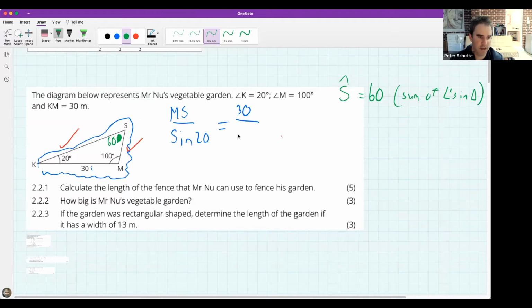Okay, so I then think this will be the sine of 60. So how do we get this MS by itself? That's what we're going for. What is MS going to be? Who would like to tell me their answer, or to put it in the chat?